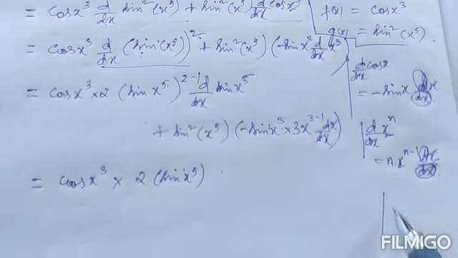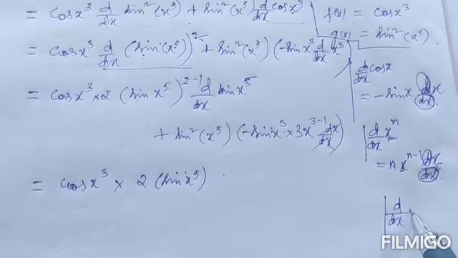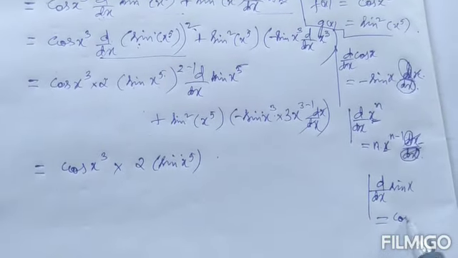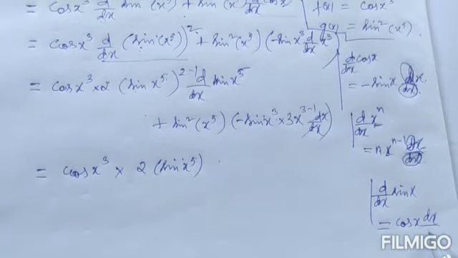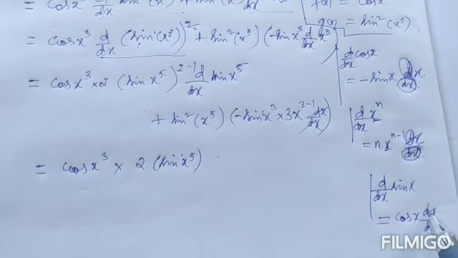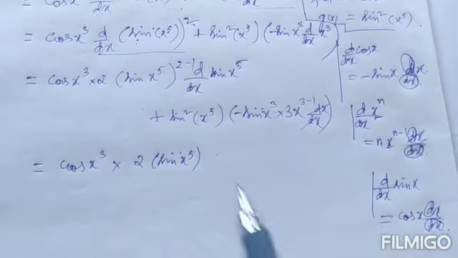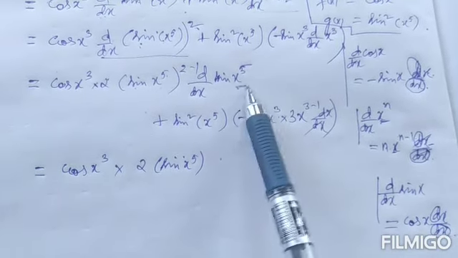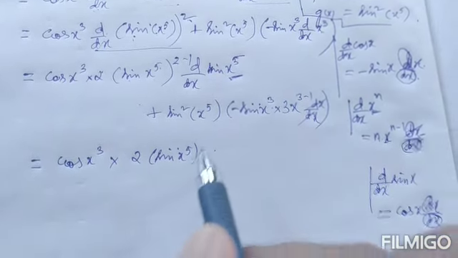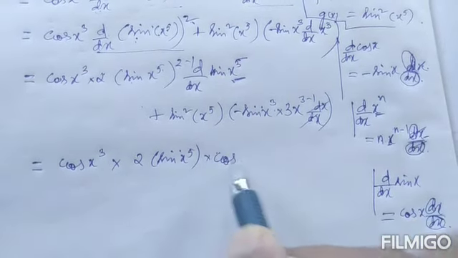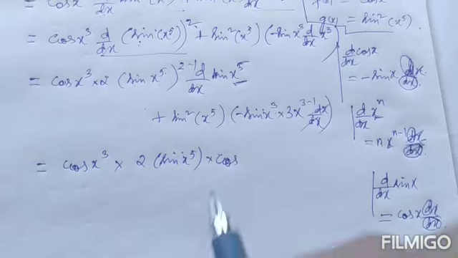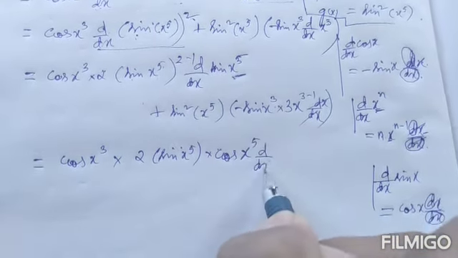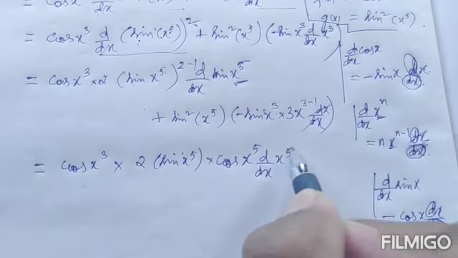Again, I have to use the d by dx of sin x formula, which is equal to cos of x dx by dx. d and dx remain the same. In place of x, what will come in this case? In place of x, x power 5. That means I'll have cos of x power 5 and then d by dx of x power 5.